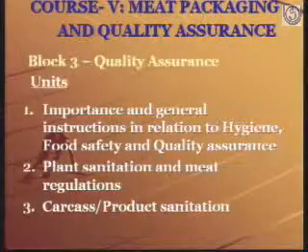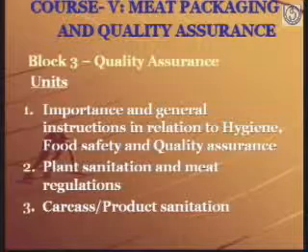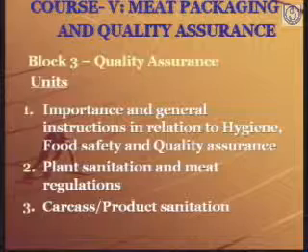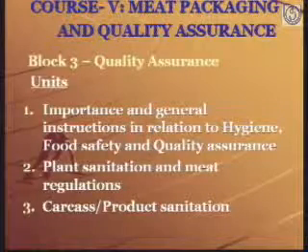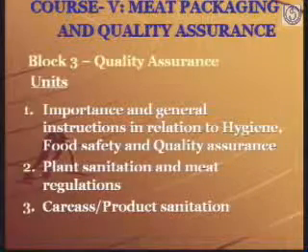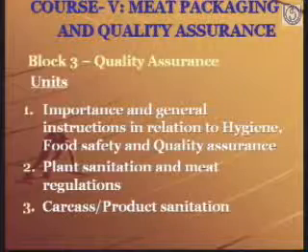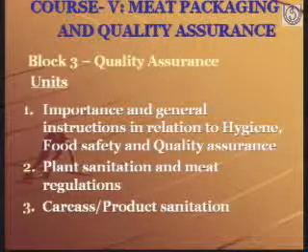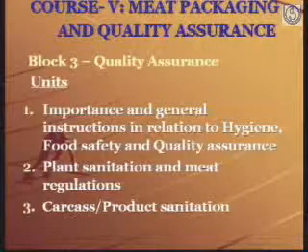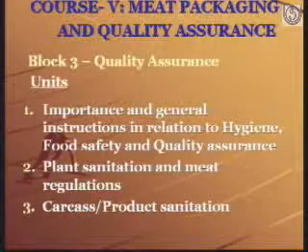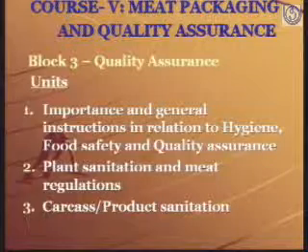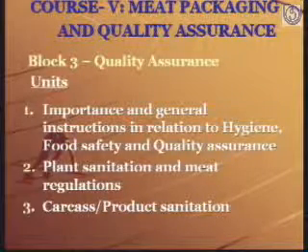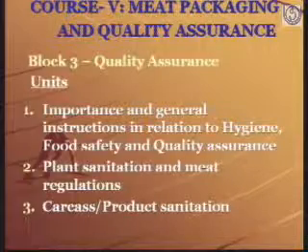The last block is on quality assurance. As I mentioned, in this course one of the main objectives is to improve the quality and to ensure that the quality is for the export level, and changes from the unorganized to the organized sector. This block consists of 3 units: importance and general conditions for hygiene, then plant sanitation, how to do it and maintain it, then product sanitation.